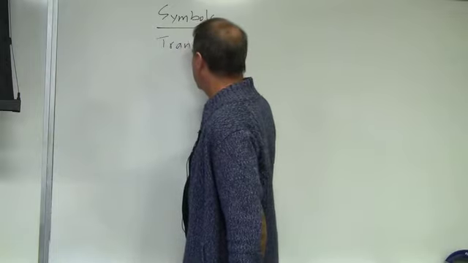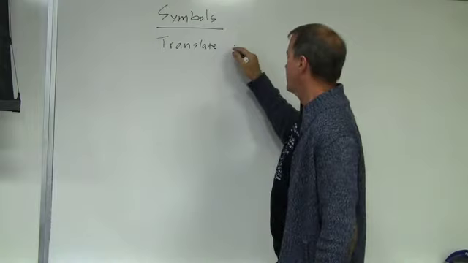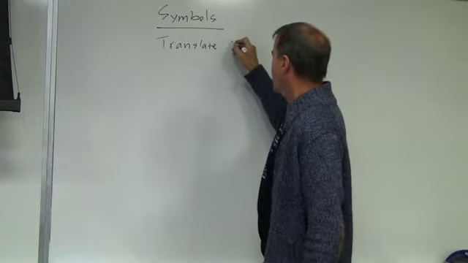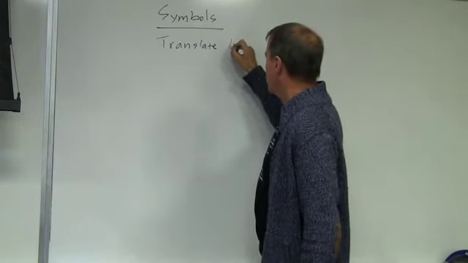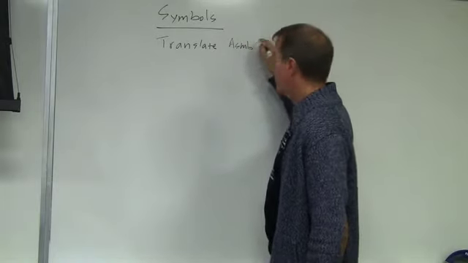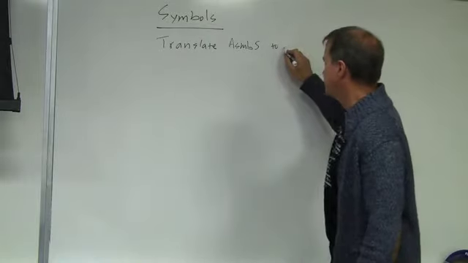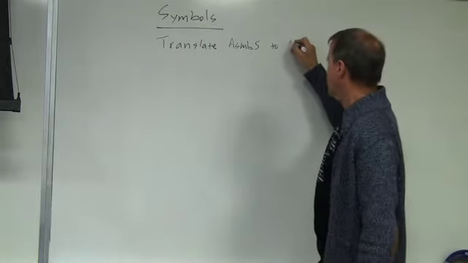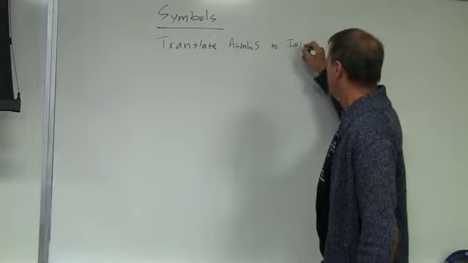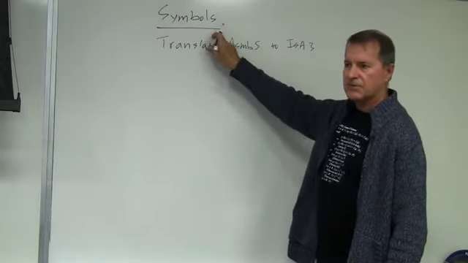I'll just tell you right now, you need to know how to translate from assembly to machine, from ASMB, what level is that? 5. 5 to, what is it, ISA 3? ISA 3. Okay, with symbols. So that's what's different.